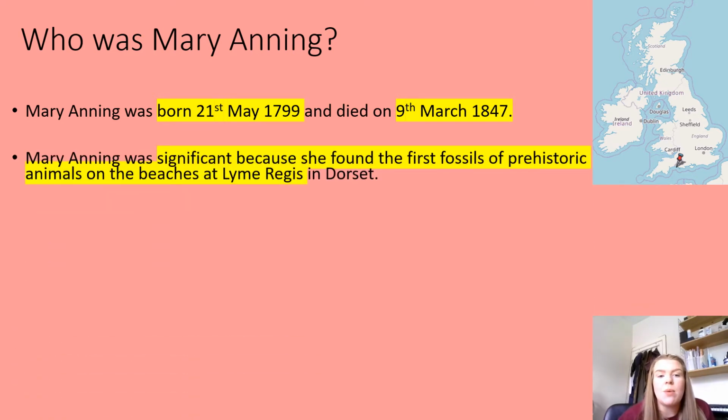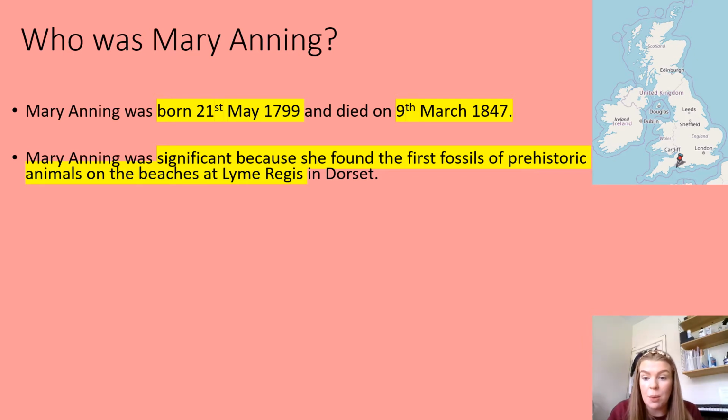So Mary Anning was significant because she found the first fossils of prehistoric animals on the beaches at Lyme Regis, which is in Dorset. Okay, that word significant then, who can tell me what significant means? Okay, brilliant job if you're telling me it means that she was important. Okay, so she was important because she found the first fossils of prehistoric animals.